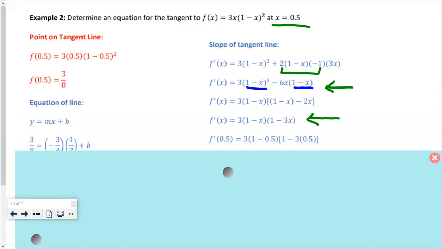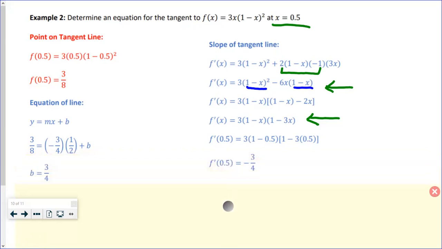So we're substituting the 0.5 straight in, as long as your equation is calculated correctly. So then the slope of my tangent line at x equal to 0.5 is -3/4.